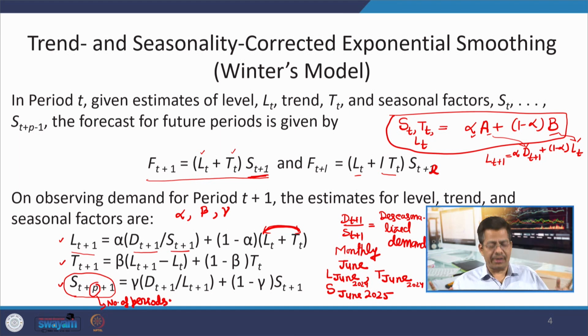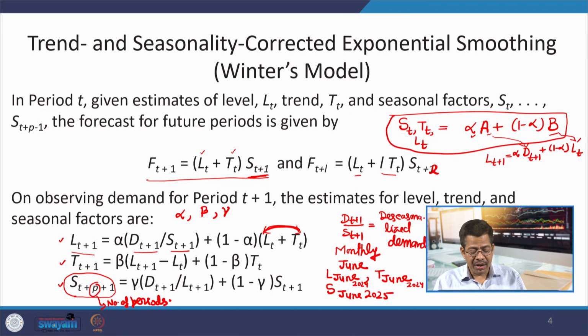So, in fact, in my current calculation, this S(t+p+1) has no use. It will be used when I move to year 2025, when I require this value in the month of June 2025.